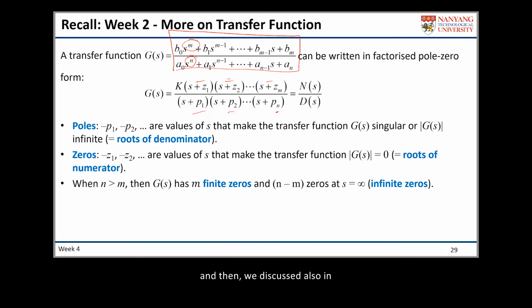And then we discussed also in week 1 that once you factorize the denominator and the numerator, you should be able to analyze the poles and the zeros of the transfer function, right? In this case, of course, minus p1, minus p2 until minus pn are the poles of the system, and minus z1, minus z2 until minus zm are the zeros of your system.